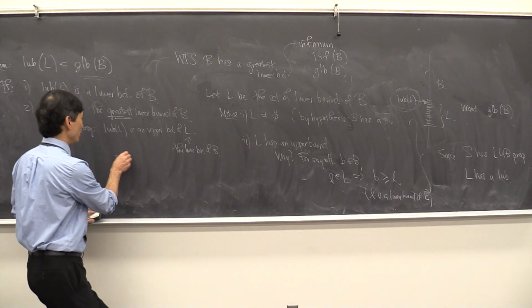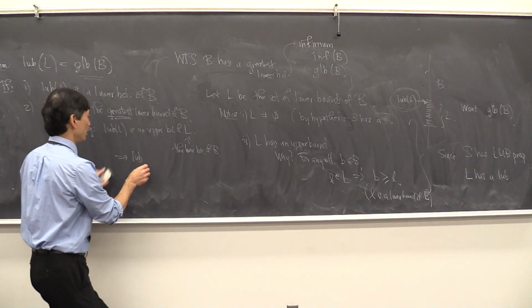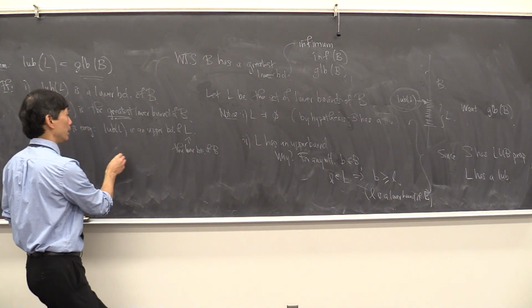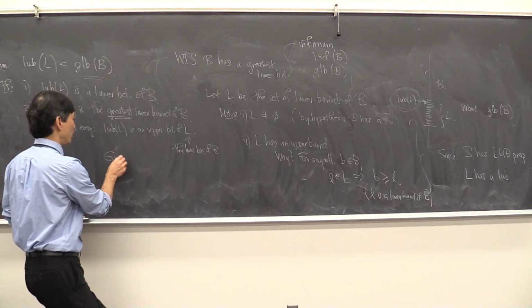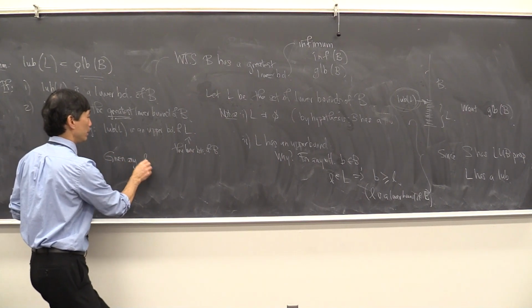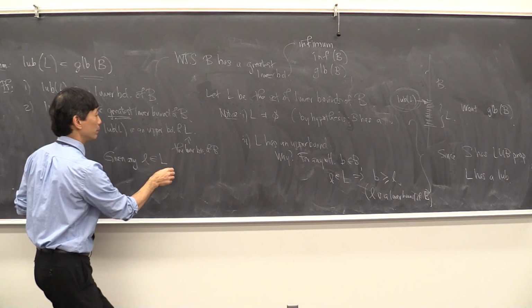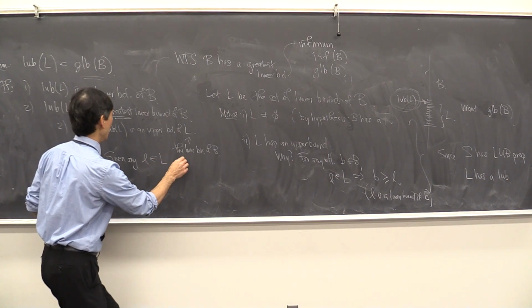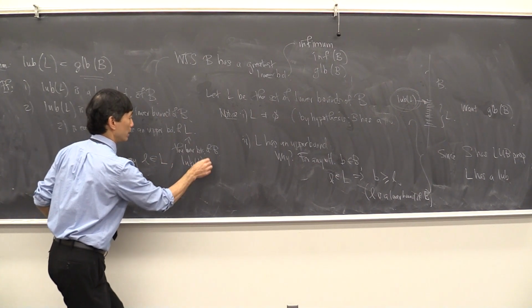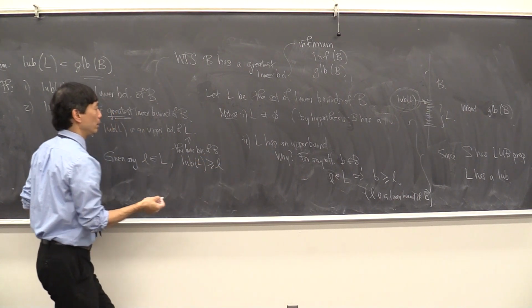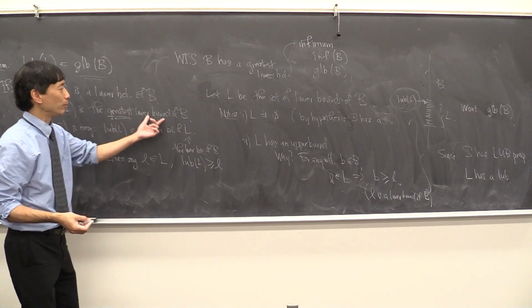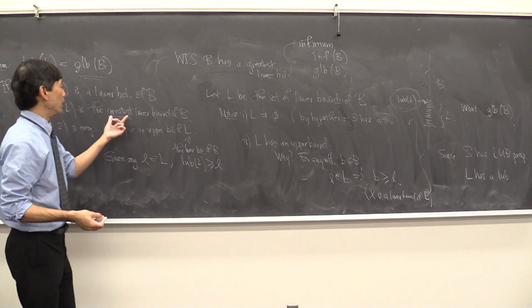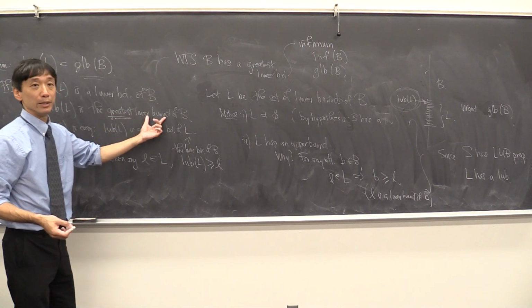So given any other lower bound in L, we know that this thing is going to be bigger than or equal to it. So it's definitely greater than all these guys.